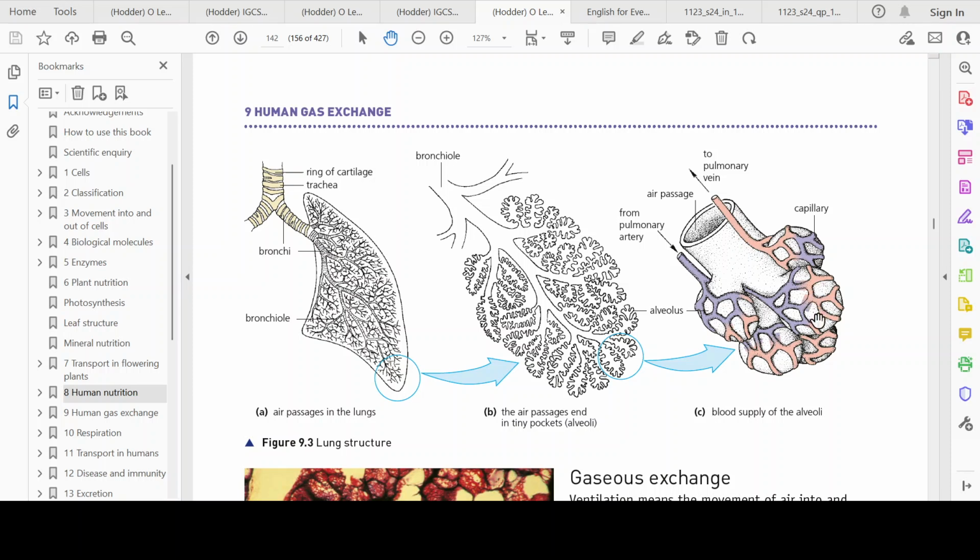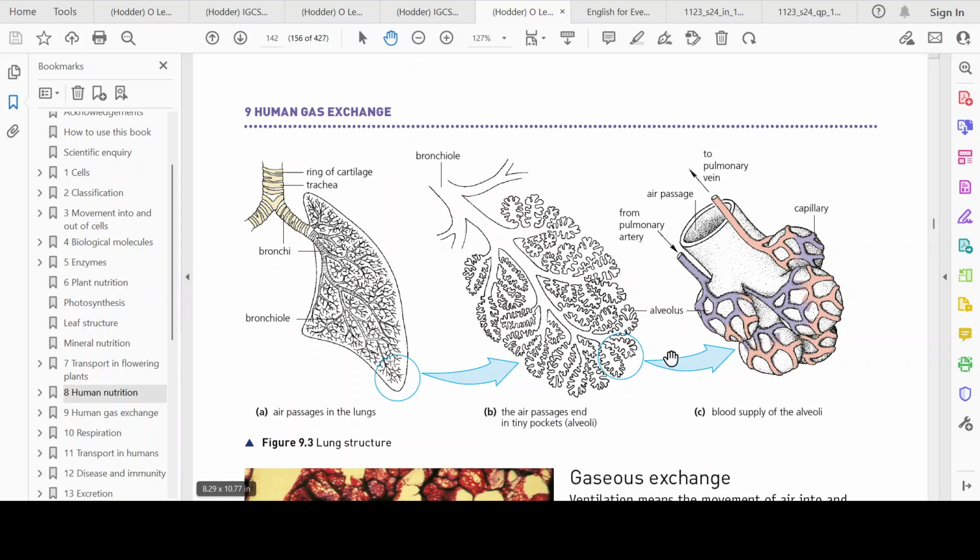The red or the pinkish part shows capillaries that have taken up the oxygen, and so that's oxygenated blood. The blue or the lilac represents the blood that's coming in that has a higher percentage of carbon dioxide, and so that's called deoxygenated blood. So the deoxygenated blood is coming in, it is giving up its carbon dioxide, it is taking up the oxygen, it's becoming oxygenated again, and then it's going to the heart and then the rest of the body.